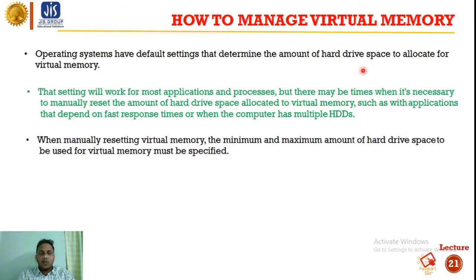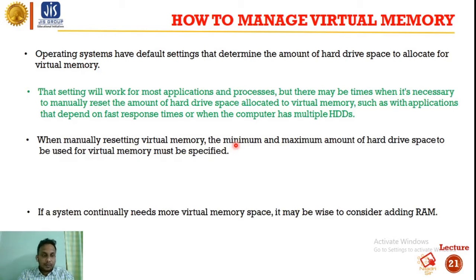When manually resetting virtual memory, the minimum and maximum amount of hard drive space to be used for virtual memory must be specified. If a system continually needs more virtual memory space, it may be wise to consider adding RAM.